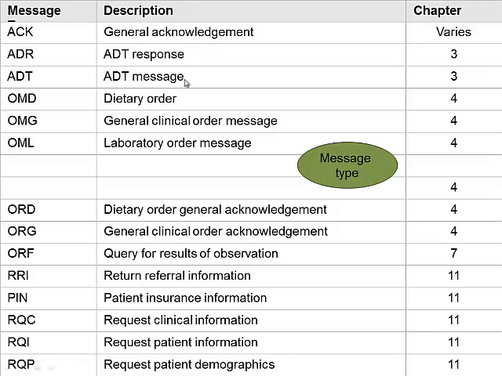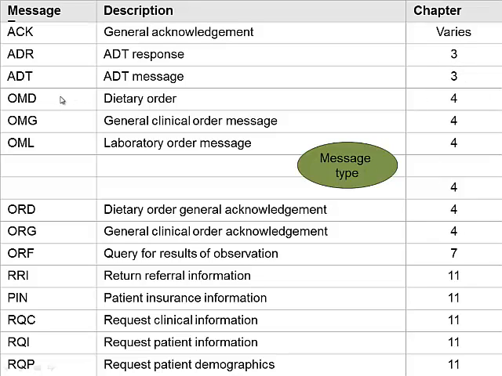For ADT message, the code is ADT. But for the ADT response, the code is ADR. For the dietary order message, the message type code is OMD. For the general clinical order message, the message type is OMG.